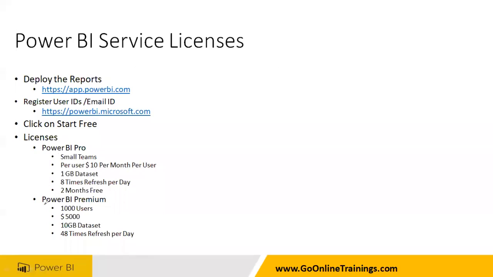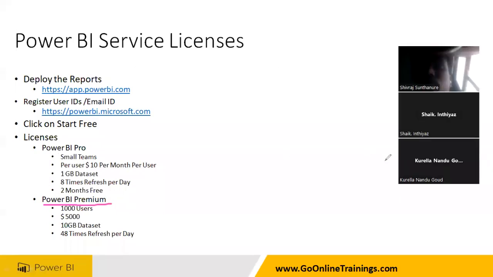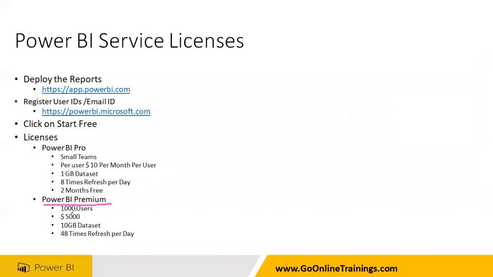Now, Power BI Premium license means if you have 1,000 or 10,000 users, for every 1,000 users you need to pay $5,000. And you can keep a maximum of 10 GB of data. Clear? So these are the two licenses we have available. If you go for a normal Pro license, it will be only 1 GB of data.